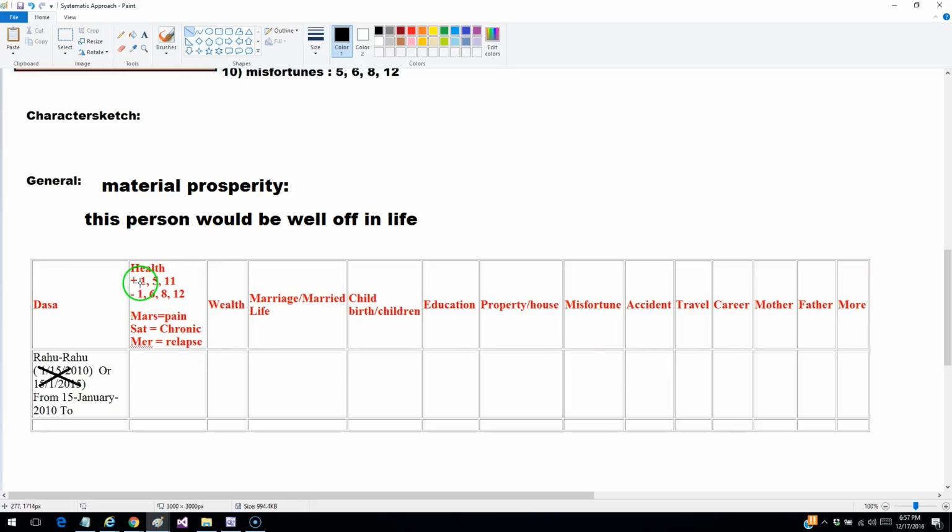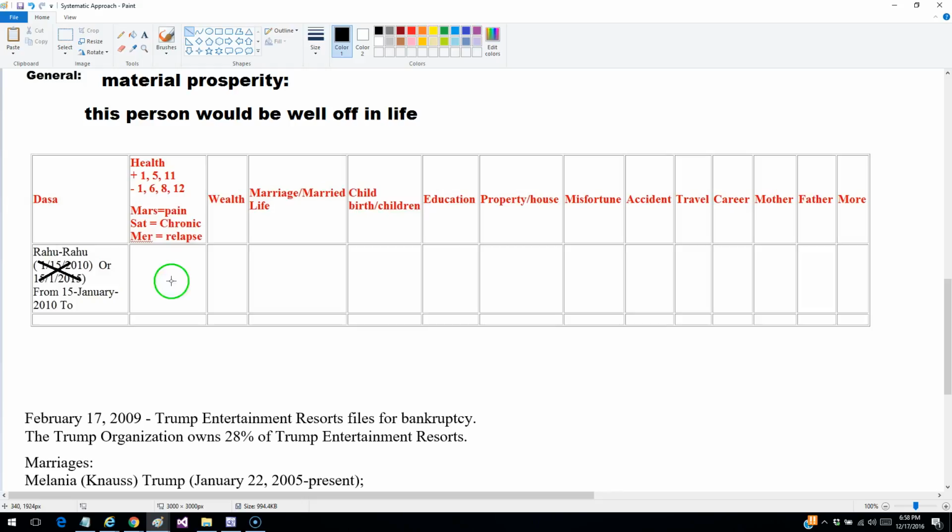And here you might want to write the combination of houses. For example, for health, 1 5 11 is good, and 1 6 8 12 is bad. Similarly, for wealth, for marriage, you can write these kinds of combinations. And the planet's nature also sometimes plays a role. So as a handy note, or, I would say, as an offhand reference, you can write these points over here, right at the header itself.